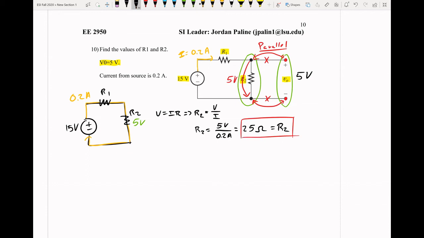Now that we know that one, we can come up here and look at R1. And since there's that one current that runs through here, we can do a KVL on it because it's in a loop.